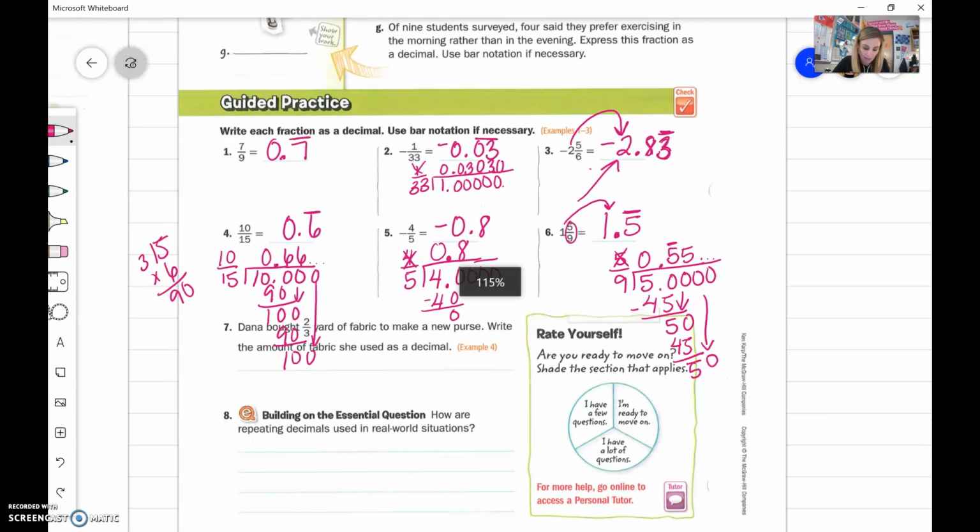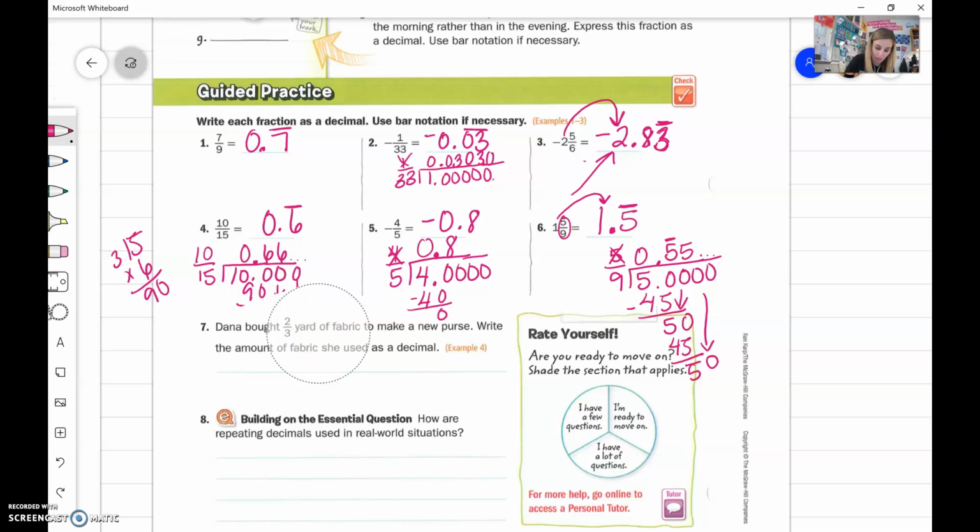Okay, let's take a look at this one. It says, Dana bought 2/3 yards of fabric to make a new purse. Write the amount of fabric she used as a decimal. So we're going to just take that numerator and divide it by that denominator. I'm going to put my decimal point here and I'm going to drop down. If I have 2, can I make a group of 3? Nope. If I have 20, can I make a group of 3?